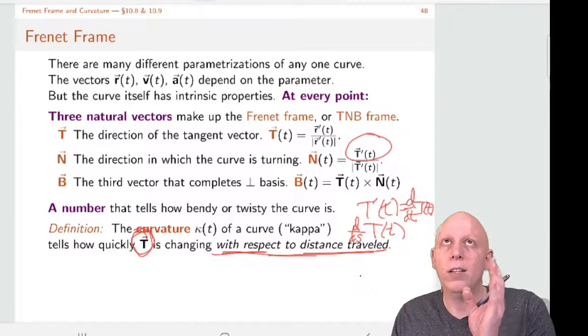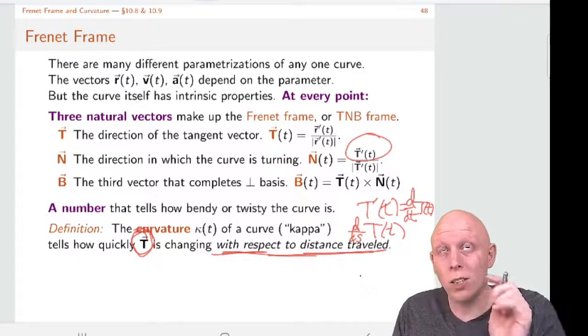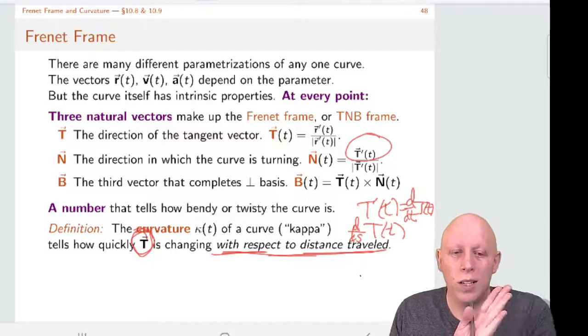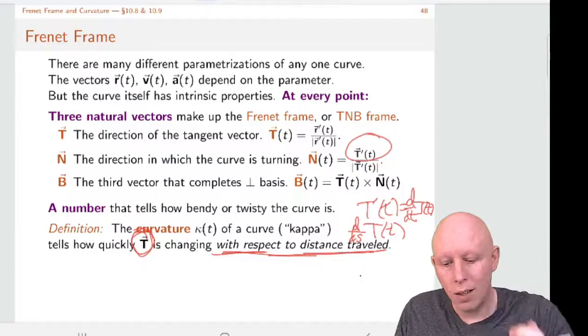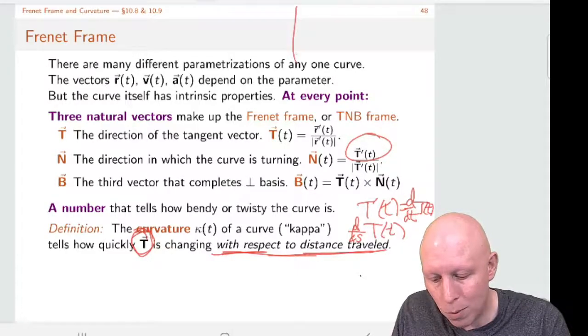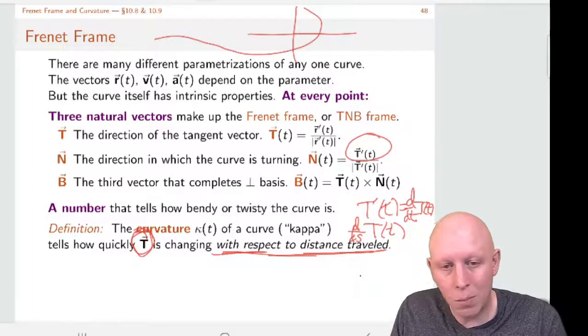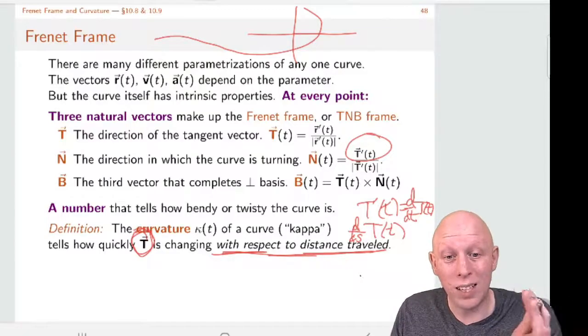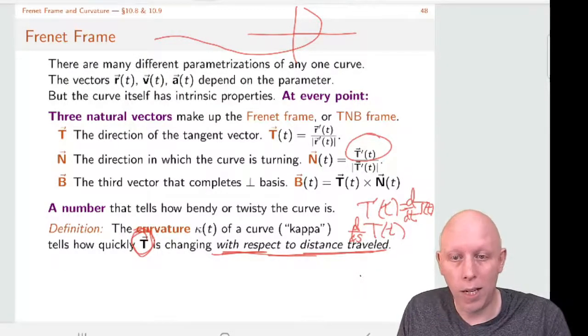If you think about what's happening as you go along your curve, we want to know, does it curve really fast or does it curve slowly? And remember, we'd like this decision to be something that doesn't depend on time. We'd like it to depend on space.